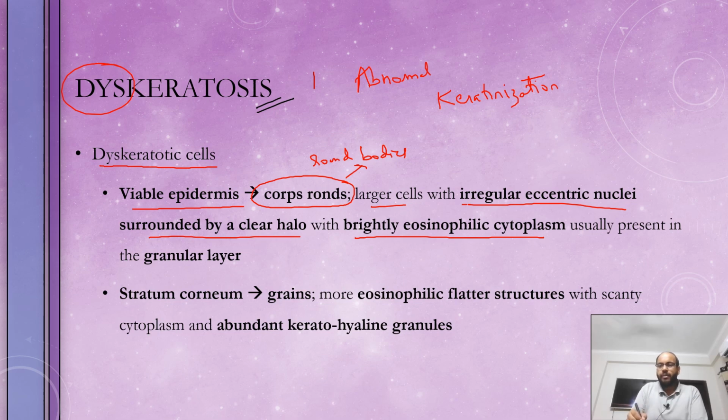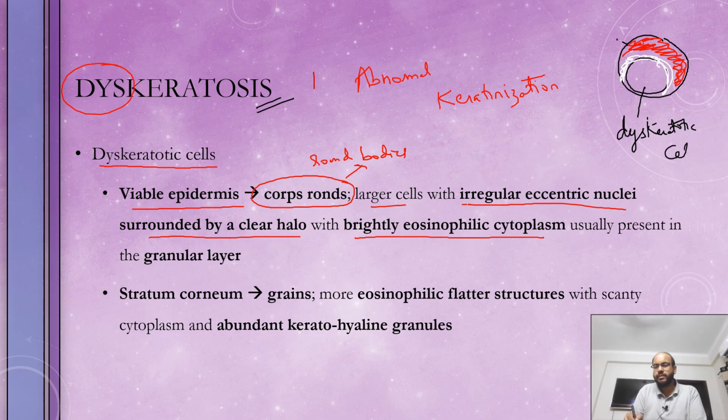So here it's a large cell, it has an eccentric nucleus, a clear halo around the nucleus, and bright eosinophilic cytoplasm.